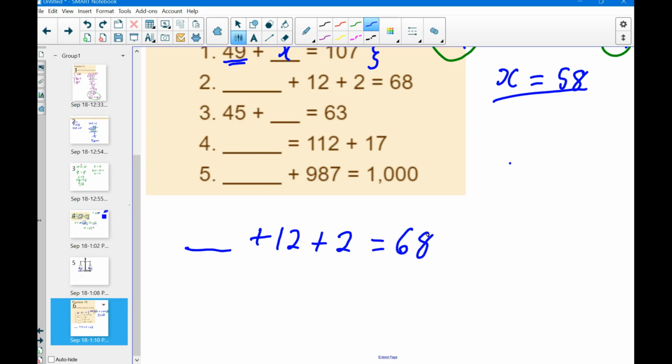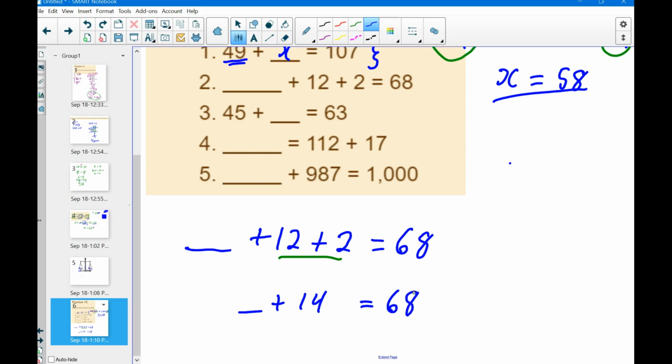Now there's a couple of ways to do this one. What I'm going to do first is what I consider to be the easiest way, to take these numbers here and add these two together first, and then make it simpler, and then worry about it after. So by adding those two together first, I get a blank space plus 14 equals 68.